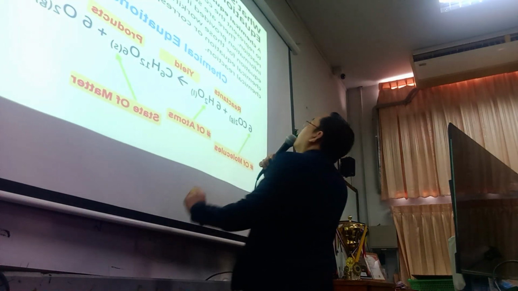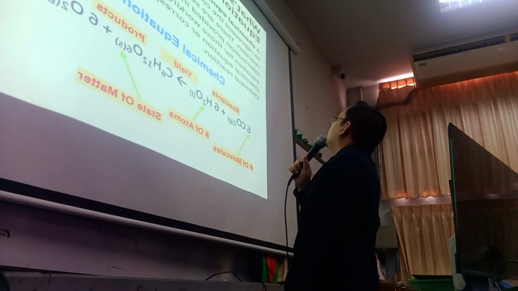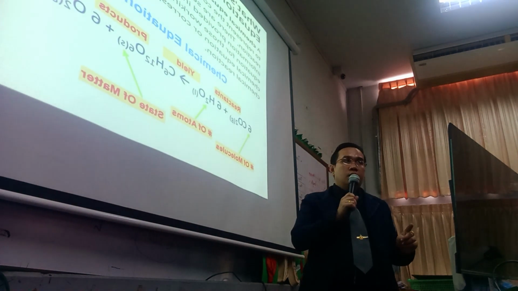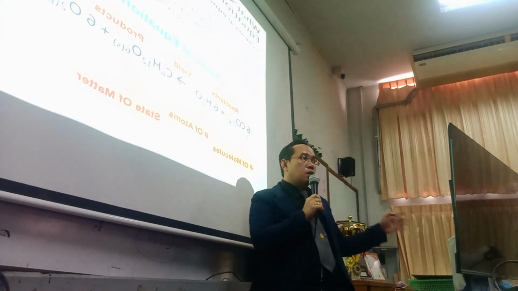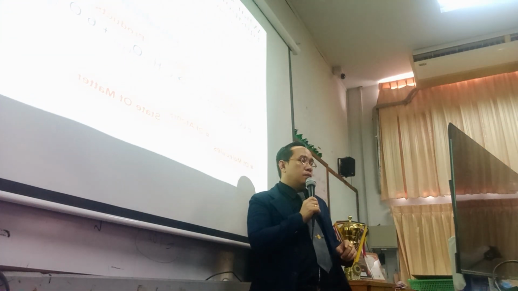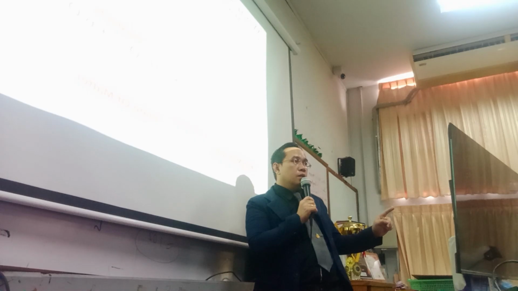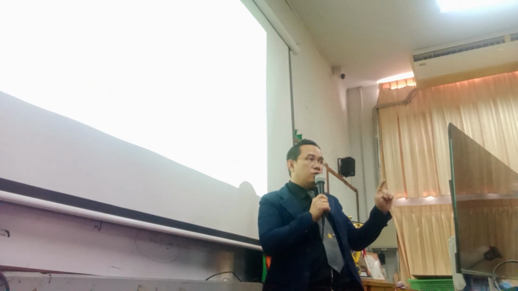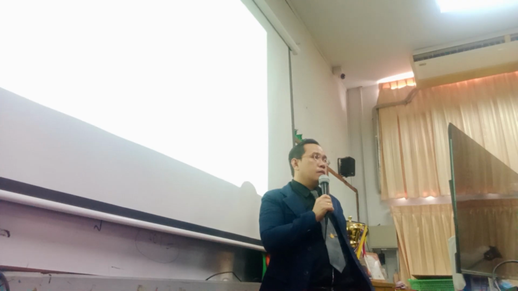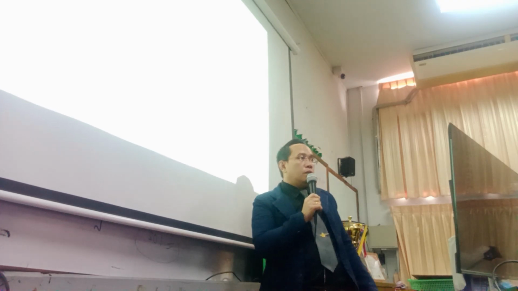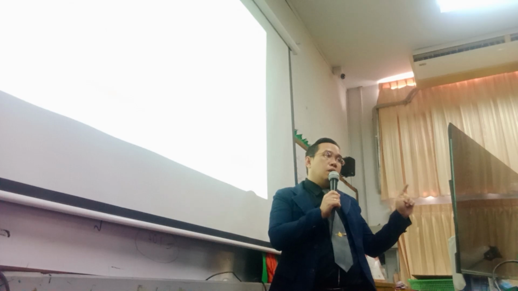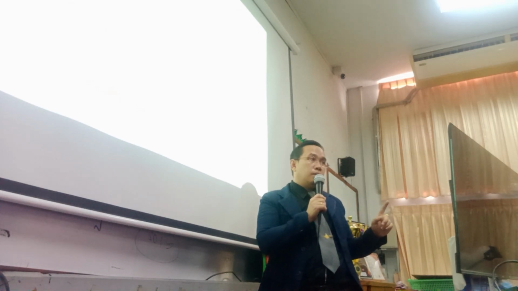There are different pieces of information that help us determine the different names of chemical compounds, starting from hydrogen oxide, okay, dihydrogen oxide or water, then carbon dioxide or what we call CO2.